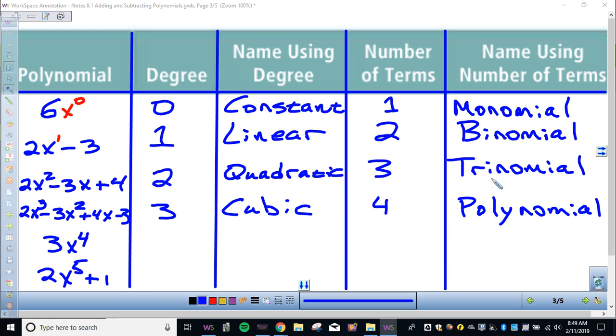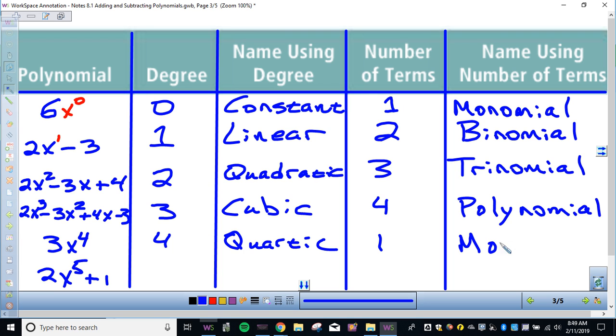Polynomial we talked about. So if it's 4th degree, your book does not make you remember this, but I'm going to. 4th degree is quartic. 4 quarters in a dollar. That's one way to remember quartic. This is how many terms? 5. How many terms? 1 term. Monomial.